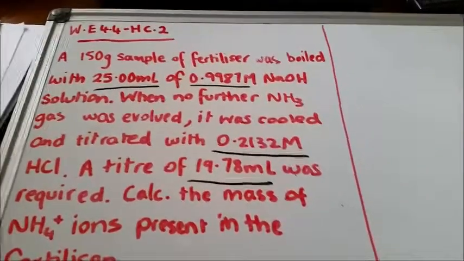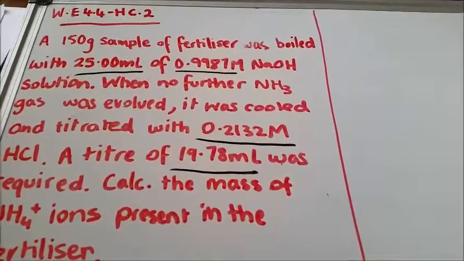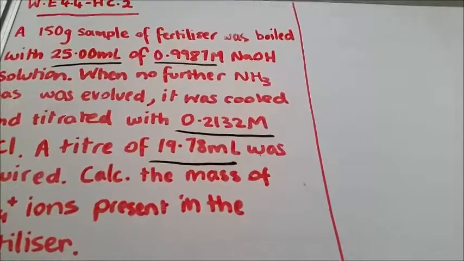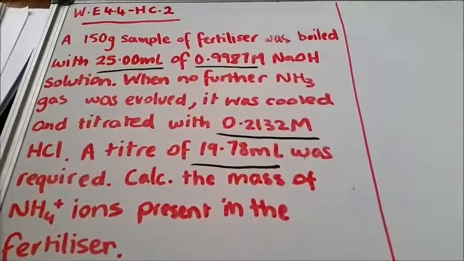So already what we've got here is a whole lot of information, and the first thing that we should possibly do is define what our variables are in order to solve the problem.